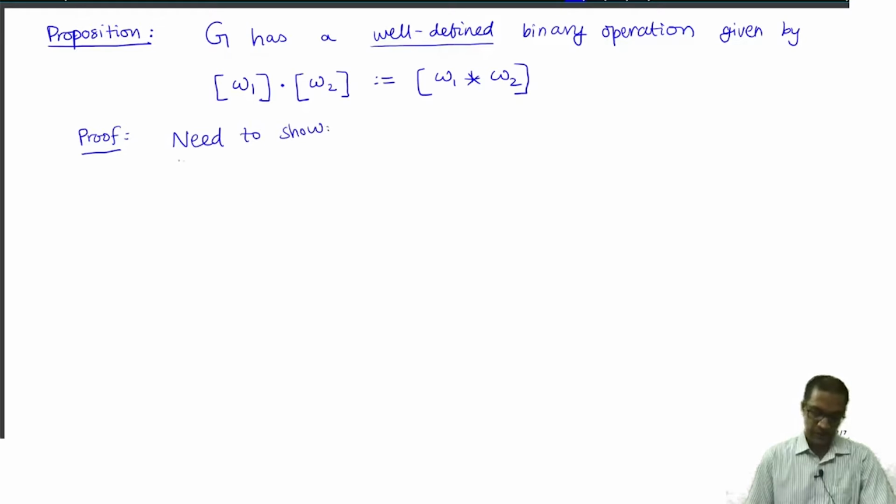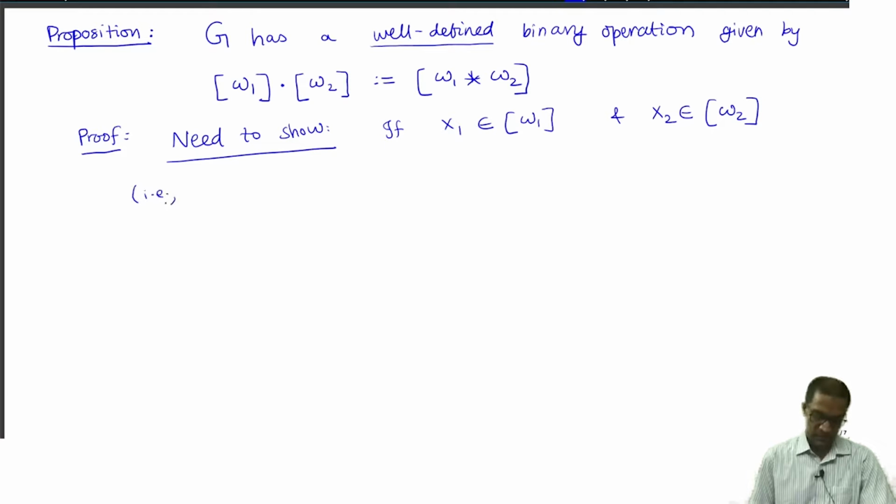What if I pick different representatives? So if x1 is another representative, it belongs to this equivalence class, okay, and I pick a different representative x2 from the equivalence class W2, okay, then so what does that mean?